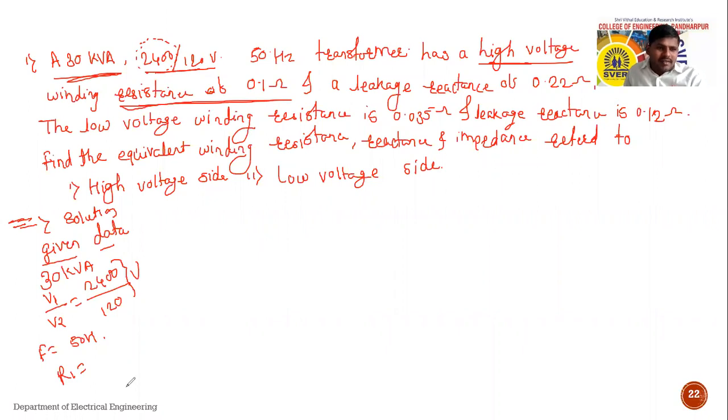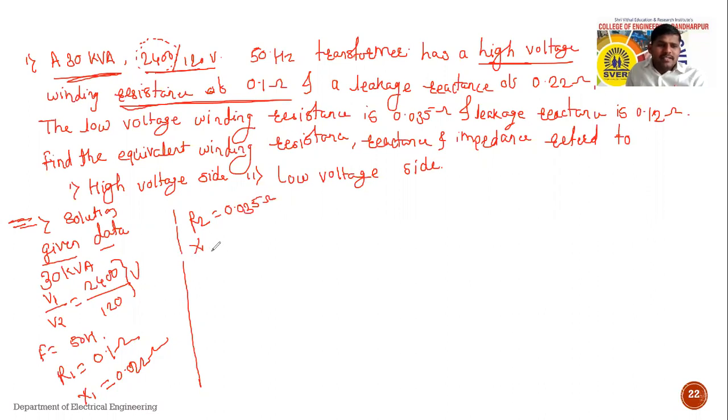So the primary winding resistance R1 is 0.1, and the leakage reactance of the primary winding X1 is 0.22. Next, for the low voltage winding, the secondary winding R2 is given as 0.035, and X2 is 0.12 ohm.